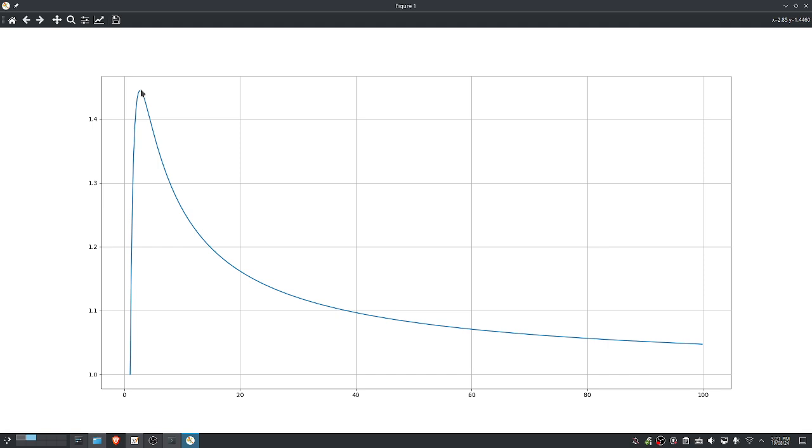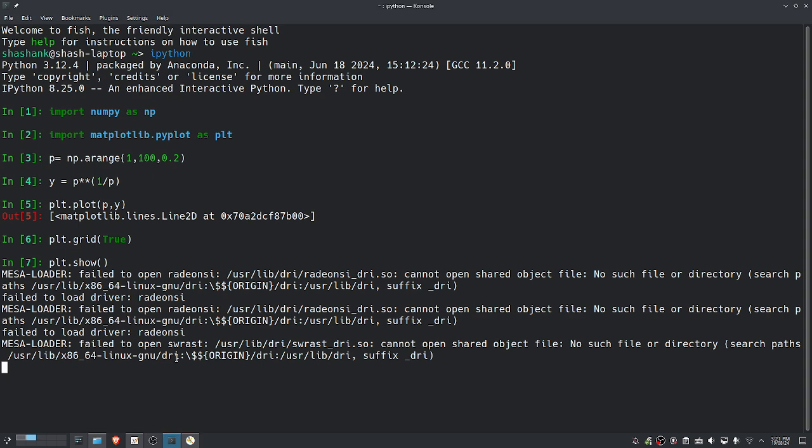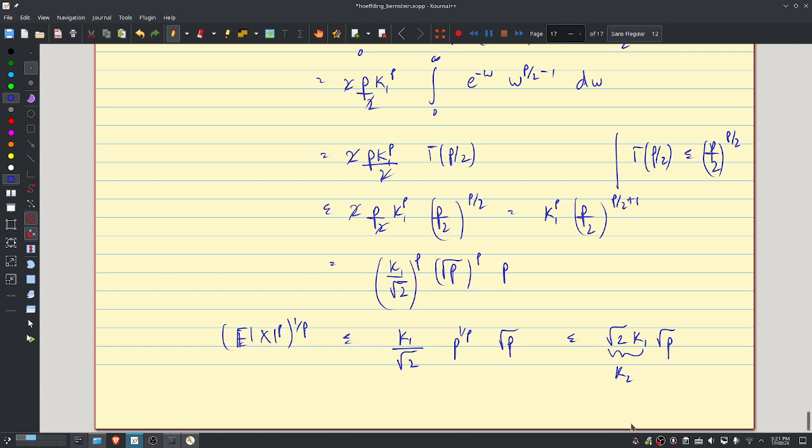So p raised to 1 by p is at most 1.4 something, and therefore it's at most 2. It's some universal constant. And in particular, I can choose it to be 2. So k2 is at most root 2 k1.